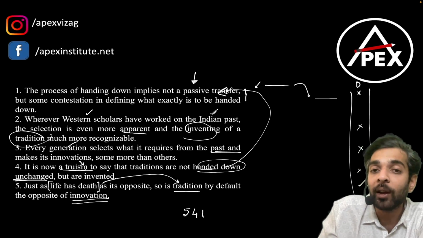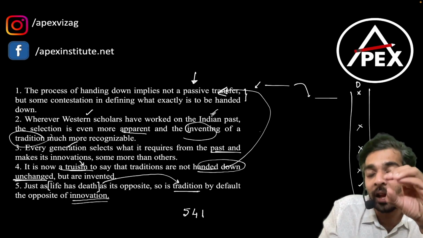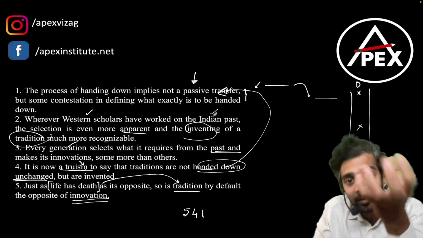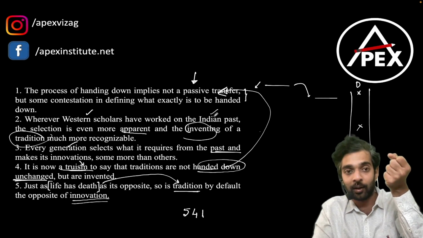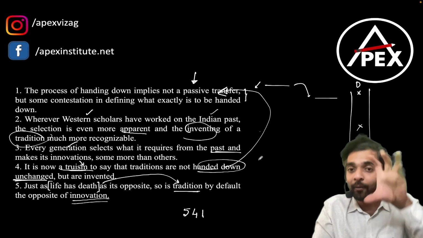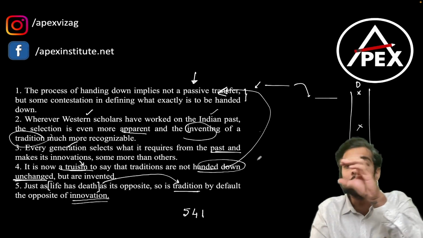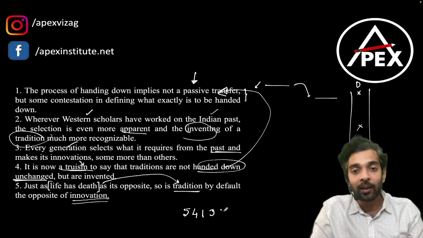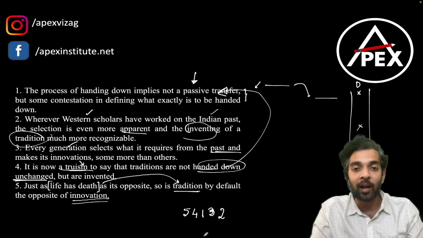And then in 2 we are seeing that there's a particular example that when Western scholars were doing that about the Indian past, they selected this. So definitely from the rule of general to specific, we can talk about 3 and then 2 as our answer. So the right answer should be 5, 4, 1, 3, 2.